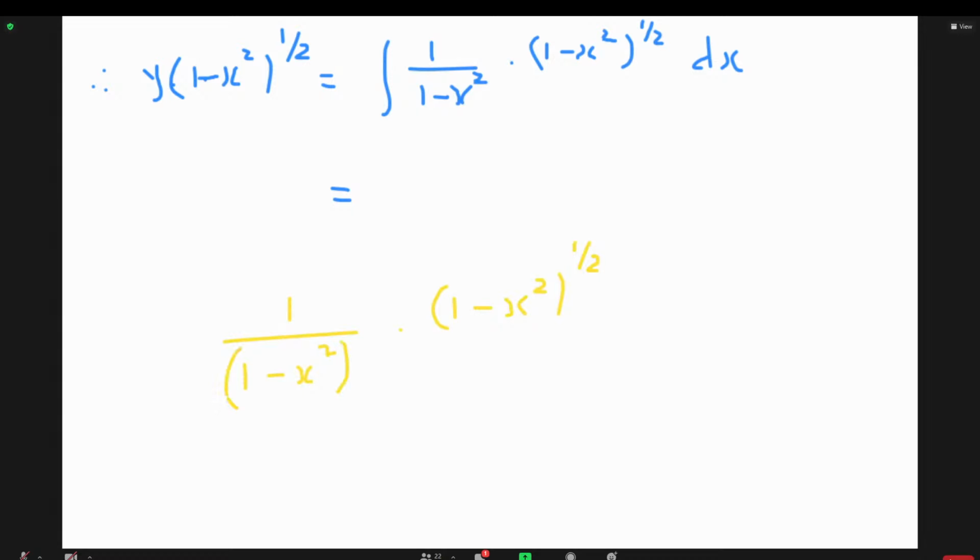Now, if I had 1 over x squared multiplied by x to the 1, we know we can cancel and we'll get 1 over x. Similarly here, we can cancel and I'm going to get 1 over x to the half. Right? So therefore, this becomes 1 over 1 minus x squared to the power of a half.